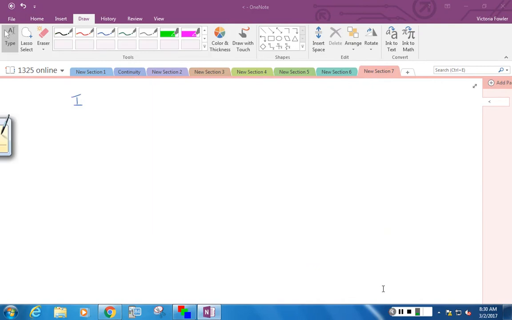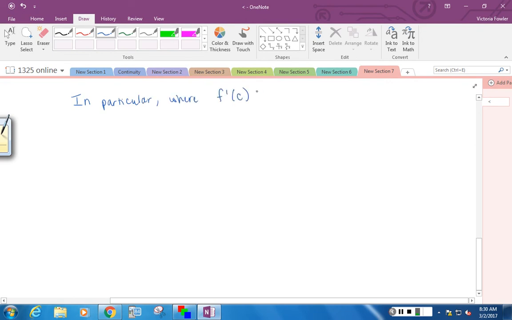Okay, in particular, we say where f prime of c equals 0, or where f prime of c does not exist, c, which is just being substituted as an x value, c is called a critical number.